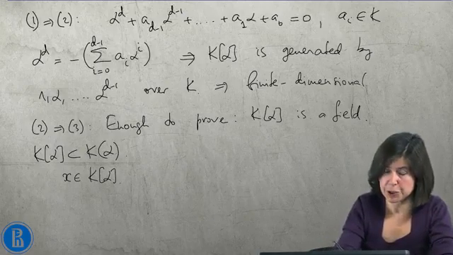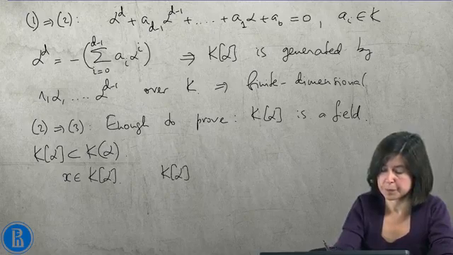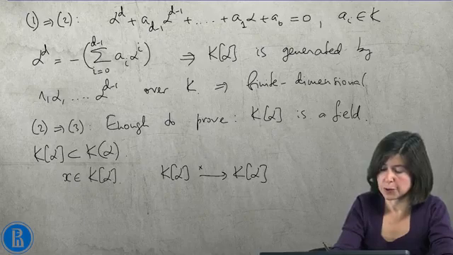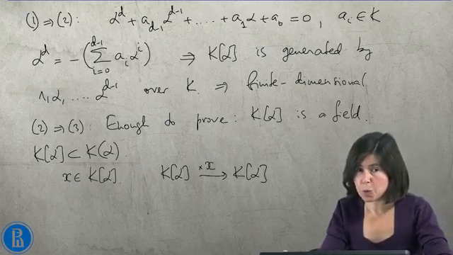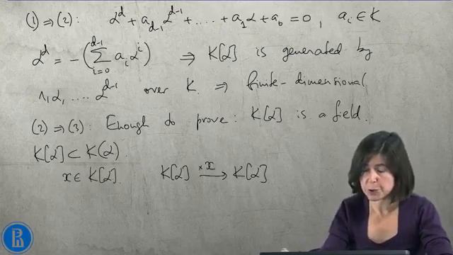Consider the multiplication by x. This is a homomorphism of vector spaces.